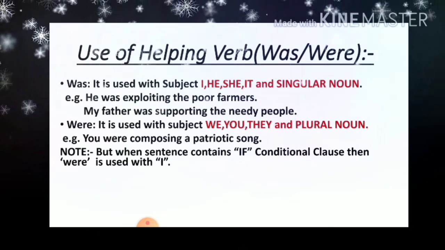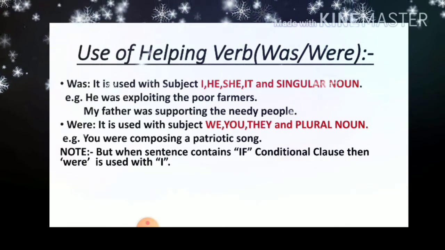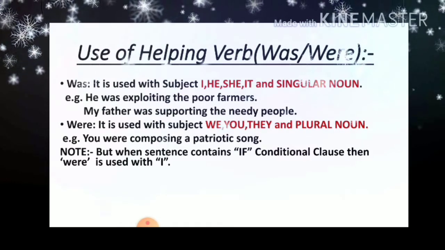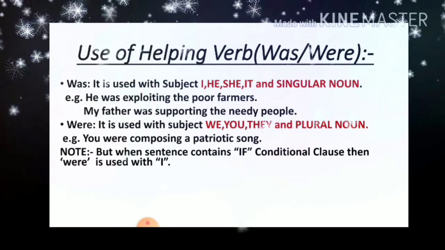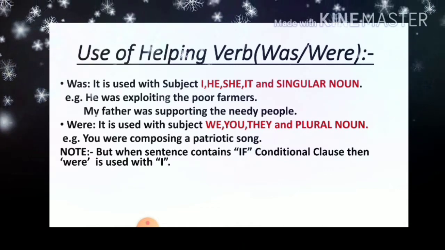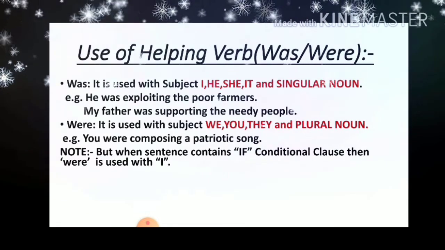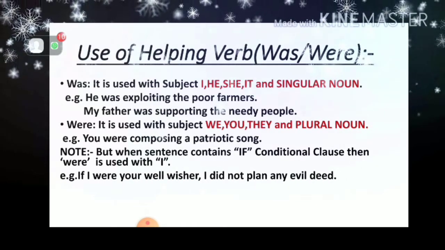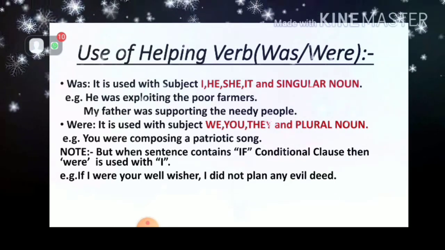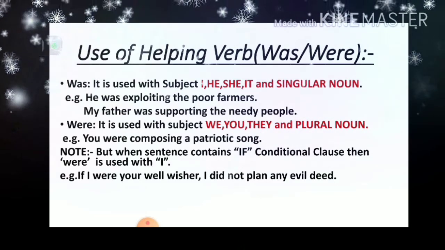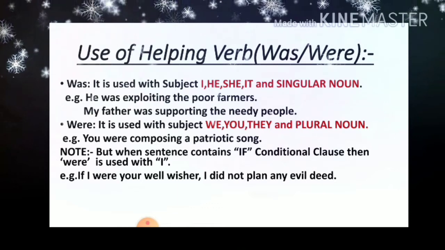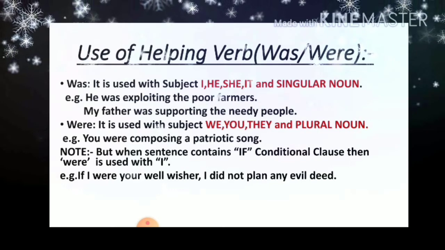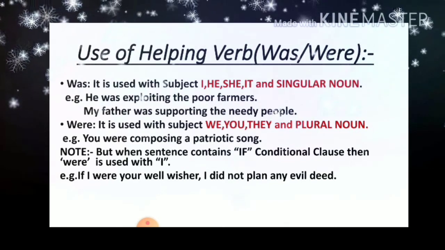When a sentence contains an if conditional clause, if meaning agar or yadi, then were is used with I. In this condition, you have to use I with were. You can see the example: if I were your well-wisher, I wouldn't play any evil deed. So you can see that I is here, but it is not was.